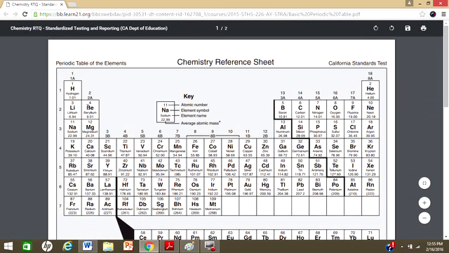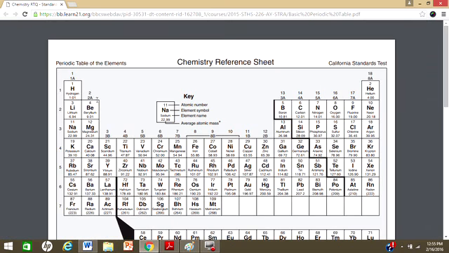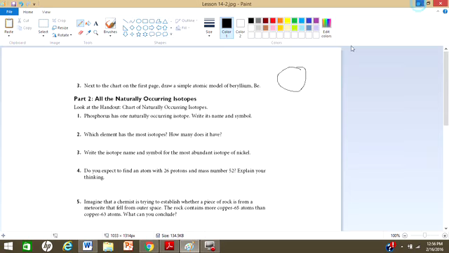That means in beryllium we have 4 protons, and because this is 9 minus 4 is 5, we have 4 protons and 5 neutrons. So I'll put my 4p and 5 neutrons. And if I have 4 positives, I'm going to have 4 negatives.